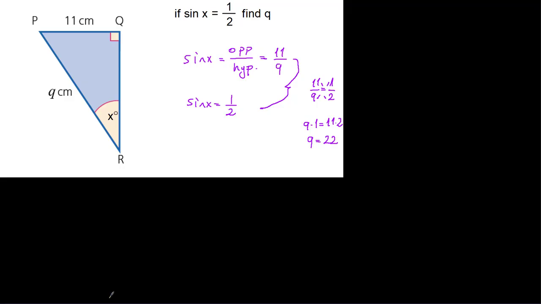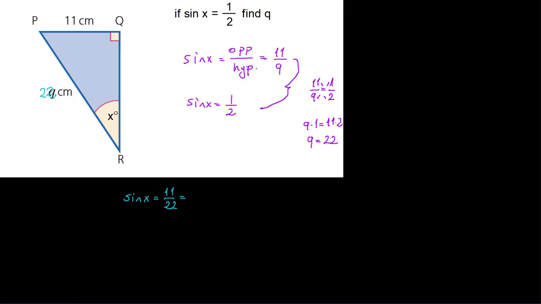If we check here, when we find 22, then sine of x in this triangle should be equal to 11 over 22, and when we simplify both of them by 11, you're going to see that it is 1 over 2.